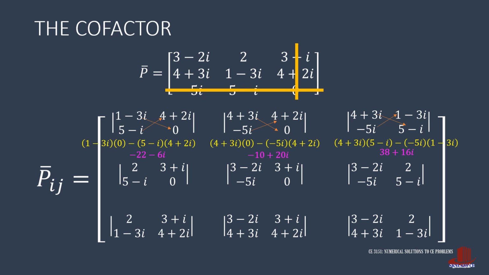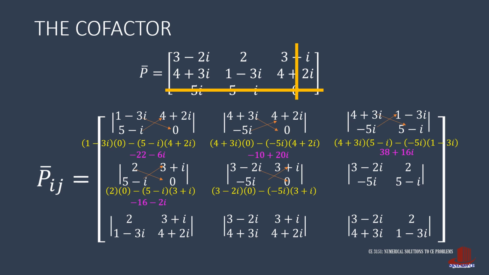From the second row, the first determinant is taken as 2 times 0 minus 5 minus i multiplied by 3 plus i. This can be computed as negative 16 minus 2i. The second element can be computed as 3 minus 2i times 0 minus negative 5i times 3 plus i.